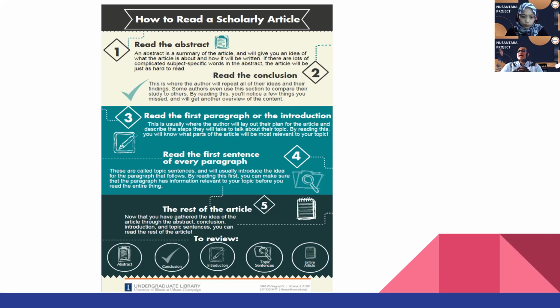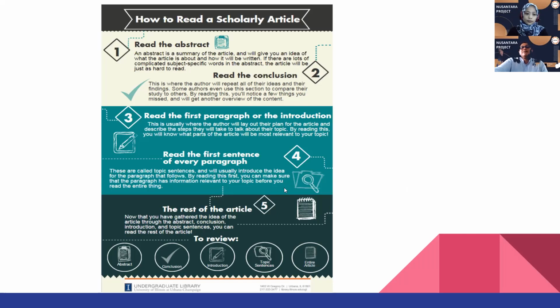After you read the abstract and conclusion, read the full introduction, so you can generate or notice the idea. What is the new agenda for further research? And read one by one in every paragraph.